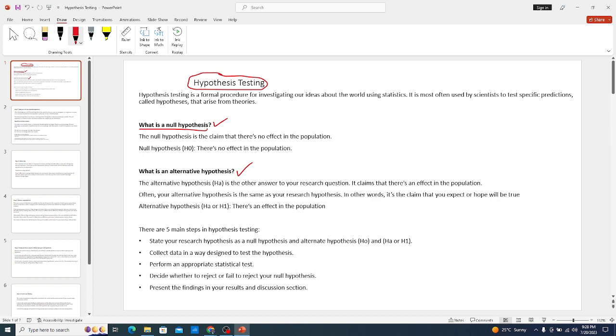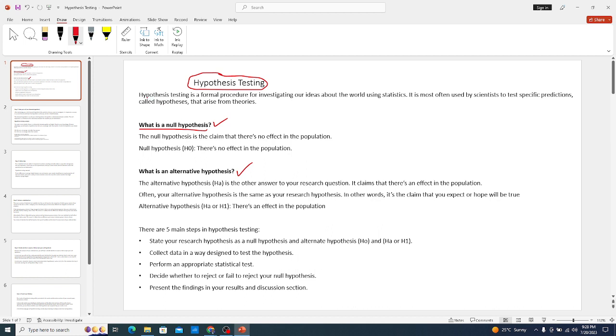And what is hypothesis testing? Hypothesis testing is one of the best inferential statistics used to make conclusions, or to infer your results, which will definitely help you to make decisions.